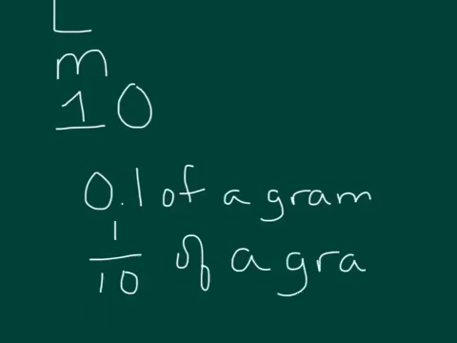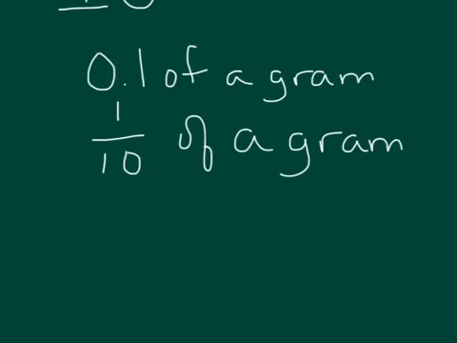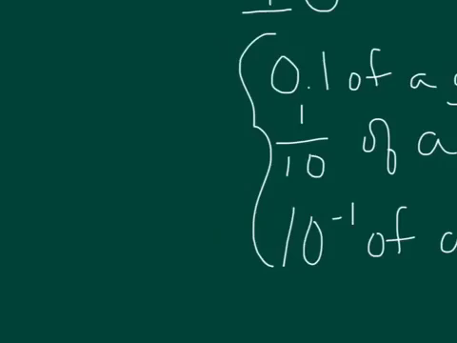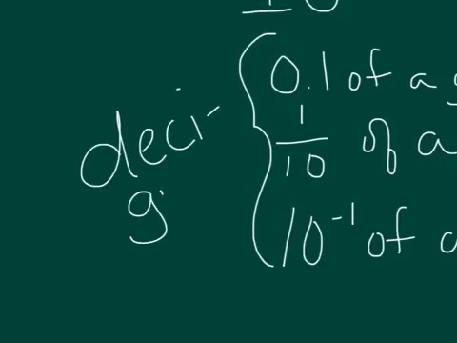So a decigram is 0.1 of a gram, 1/10 of a gram, or you could also say that it's 10 to the minus 1 of a gram. This all describes accurately the decigram.